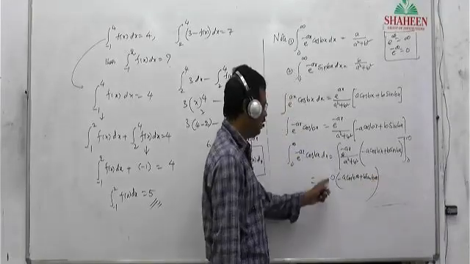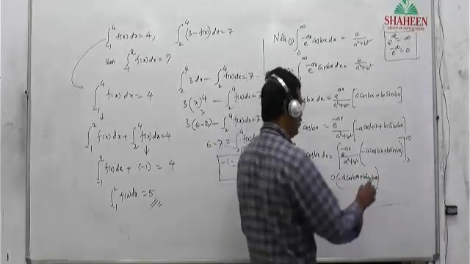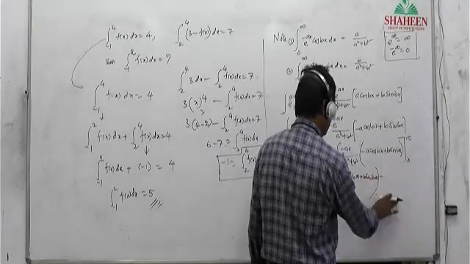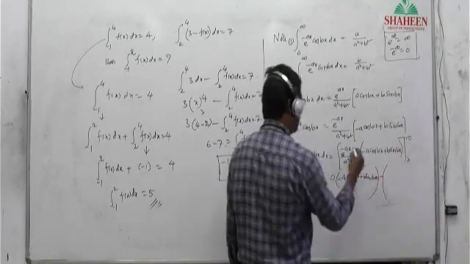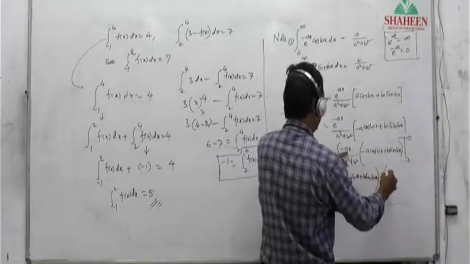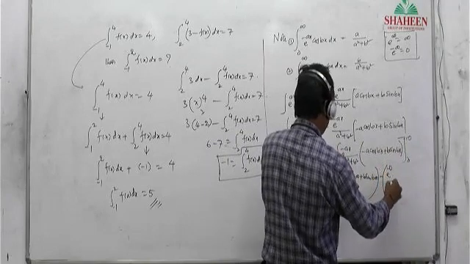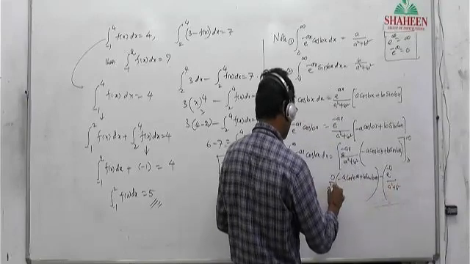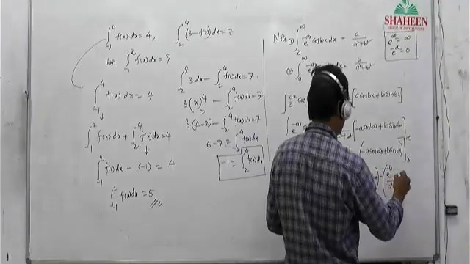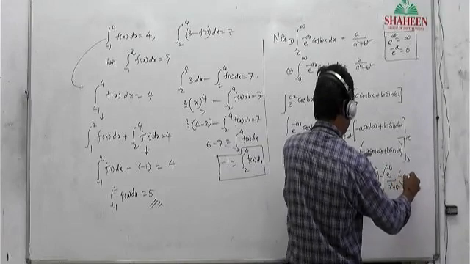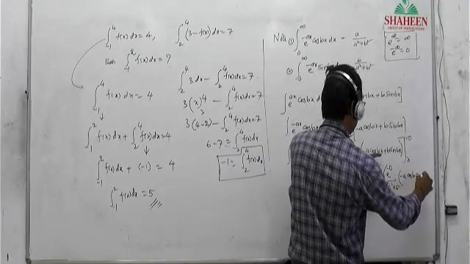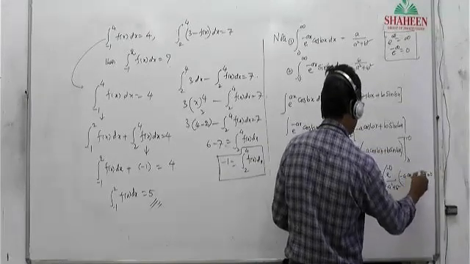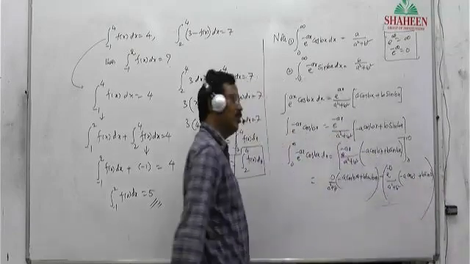0 into something is 0. Minus, keep the lower limit: x is 0 here, so e power 0 is 1 by a square plus b square into minus a cos 0 plus b sin 0. Is it okay, all of you?